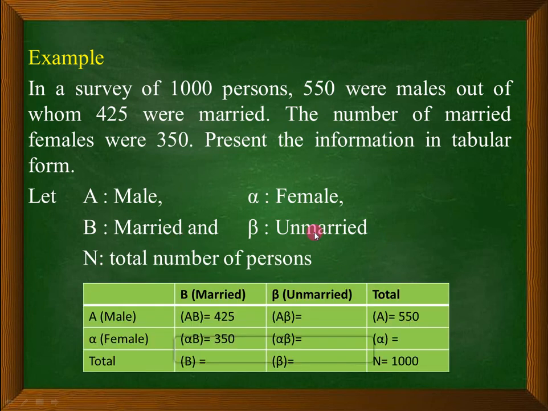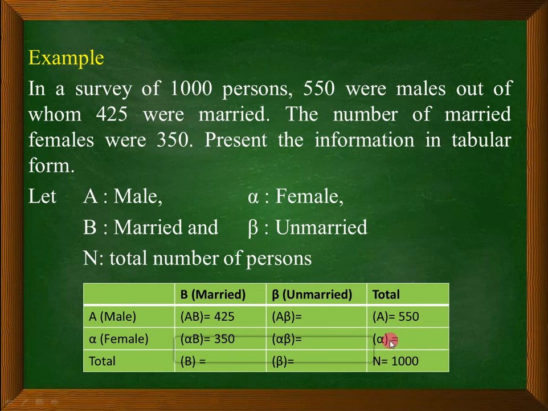So we write this in tabular form. A denote male, alpha denote female, B married, beta unmarried. This is total number of married persons. In bracketed beta is total number of unmarried persons, total number of male, total number of female.